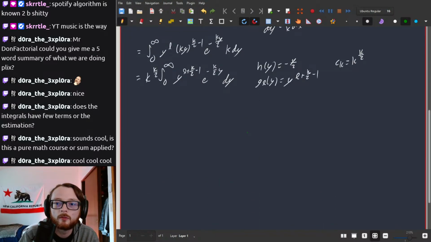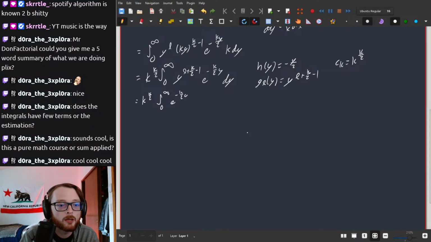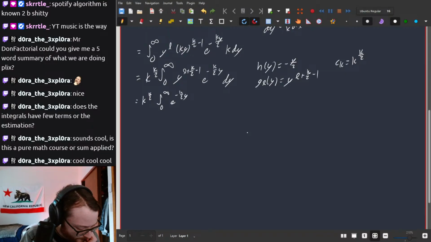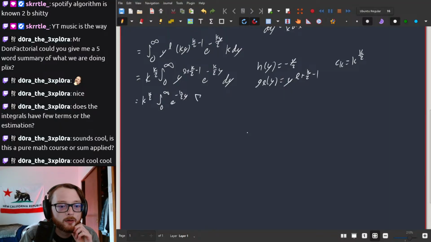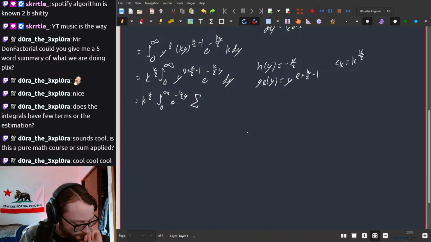If we were to use an idea like Watson's lemma, I think what we would do is a Taylor series for that thing. Hmm.